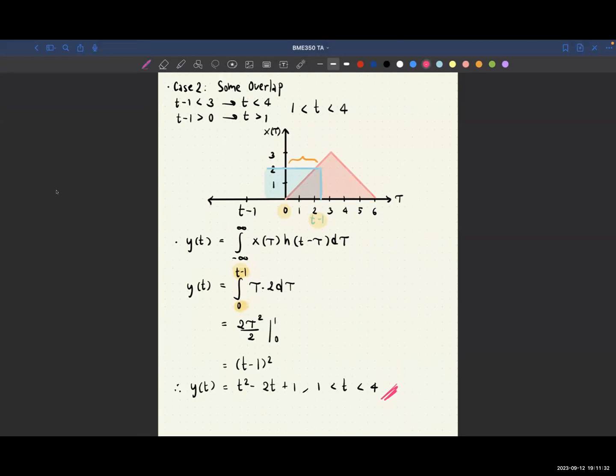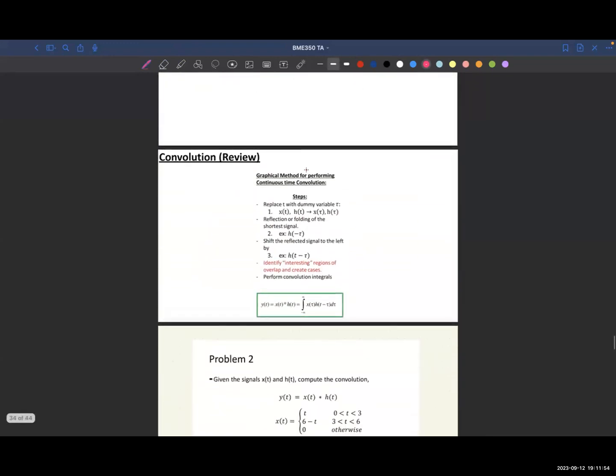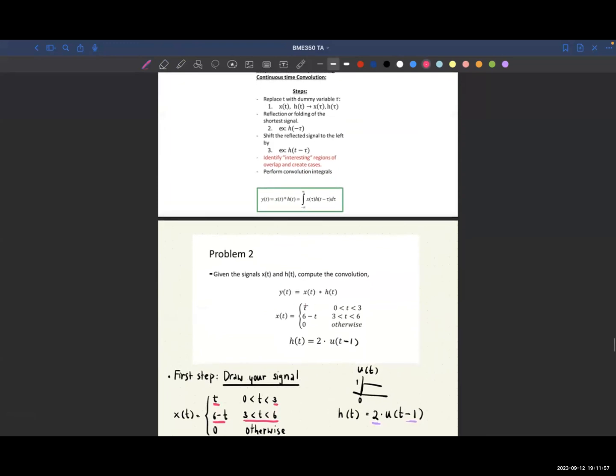Why do I stop at 4? Because of our boundary condition, right? I want to stop my graph before it changes from when it is t. You remember x of t is t until after t equals t, then the equation of the graph is going to be 6 minus t, right?